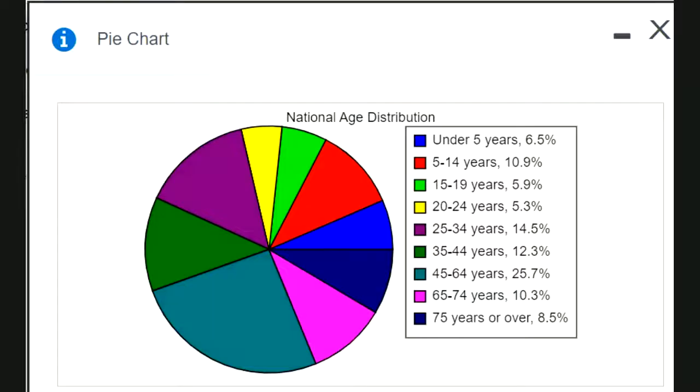And it says 45 or older. So notice there are 3 different pieces of pie that are 45 or older. What do you think I should do with those percents to get the answer to this question?